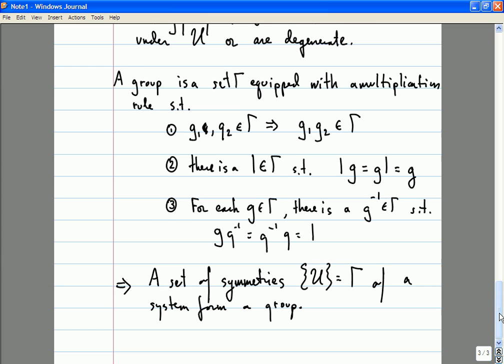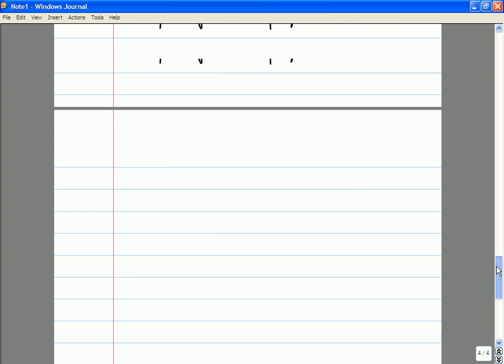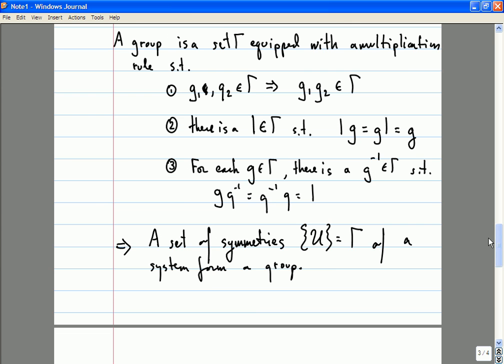But the basic idea is that many different systems often have the same set of symmetries.